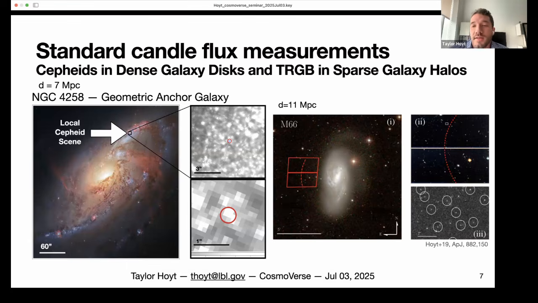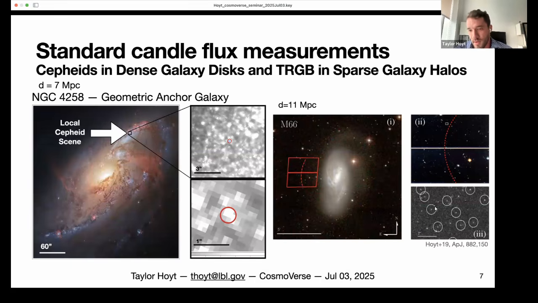On the right-hand side, I show a similar kind of zoom in to a TRGB field, also observed with Hubble at 11 megaparsecs, so slightly further than 4258. In the bottom right, you see a similar panel where the TRGB stars are highlighted with white circles. The average separation of the TRGB stars is about 2 arc seconds on the sky.